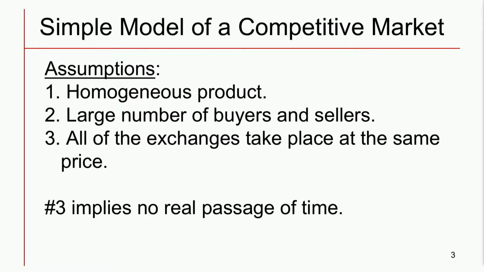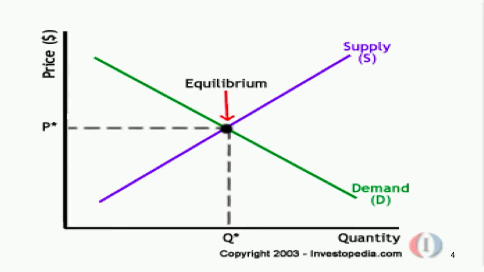Now, economists use a graph to represent a market. This is the famous supply and demand graph. The demand curve, the green one, shows for each possible price represented on the vertical axis the quantity of the good that would be demanded by those who want to buy it.